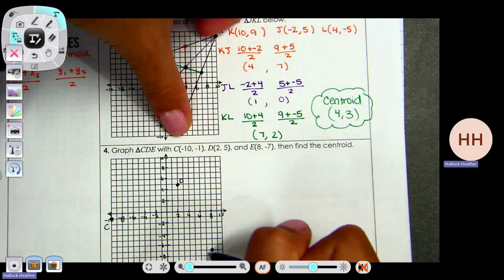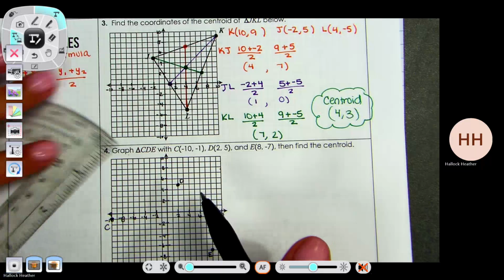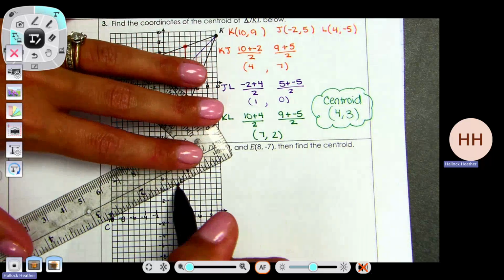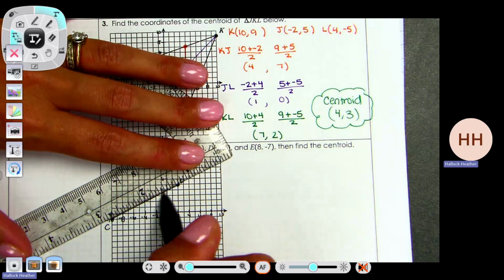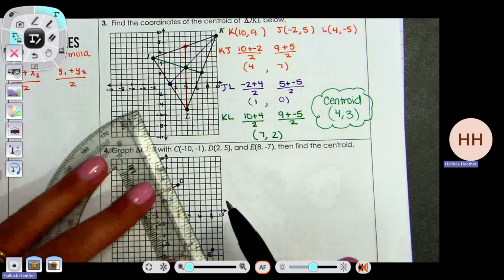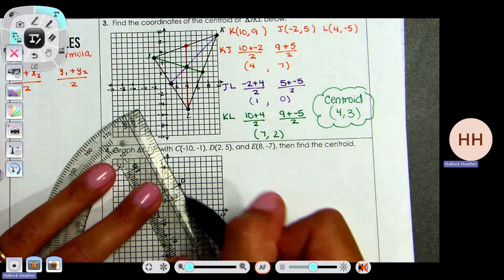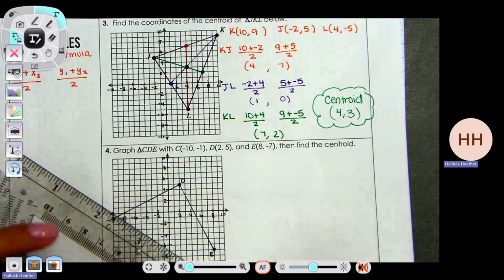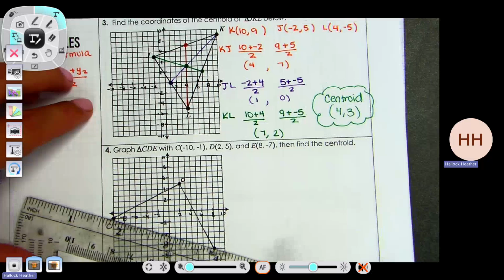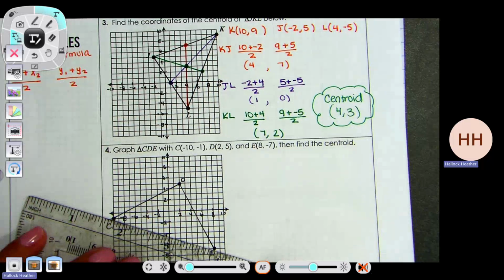Don't forget you have a quiz tomorrow. There's a quiz review in the rainbow card that you can grab if you were absent yesterday. It's just a little review from yesterday. There's one problem on centroids, not this kind of problem, but like the problems we did yesterday that were very easy.